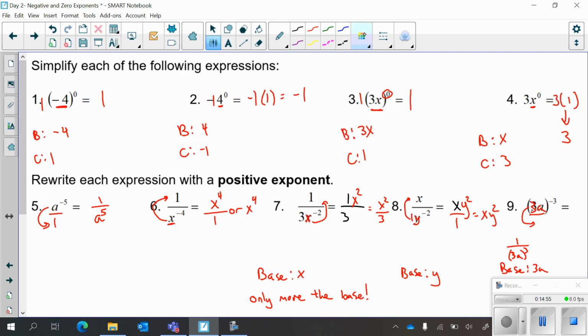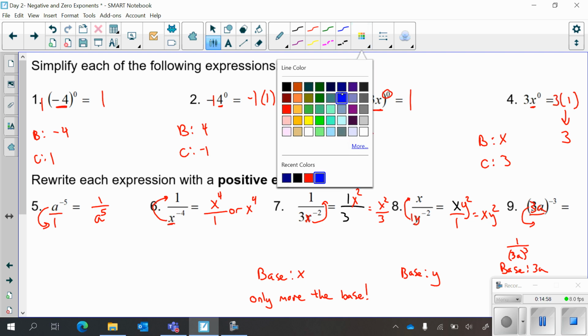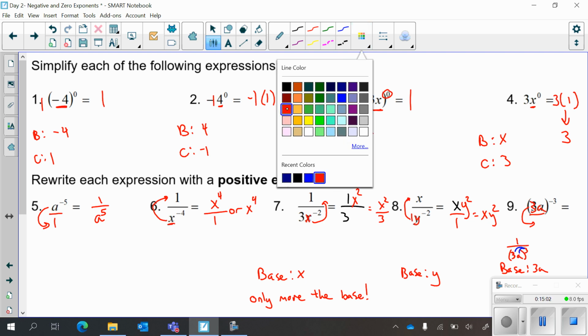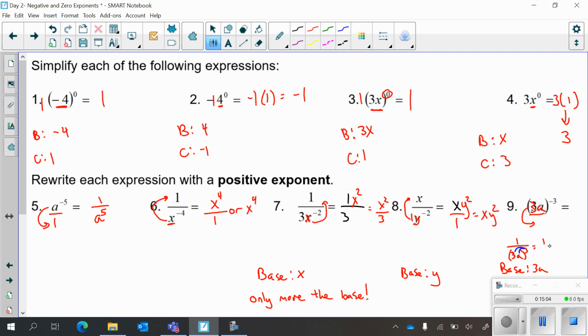And from there, what you can do is distribute that exponent. So this would really become 1 over 3 cubed, a cubed. And we know, or hopefully we know, that 3 cubed is 27, as your final answer.